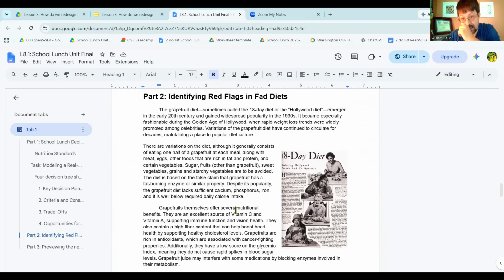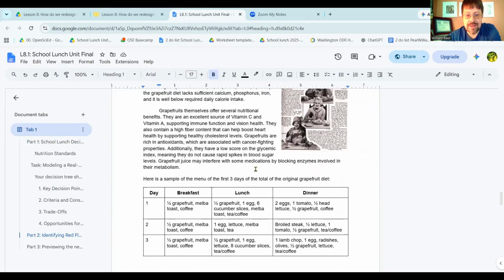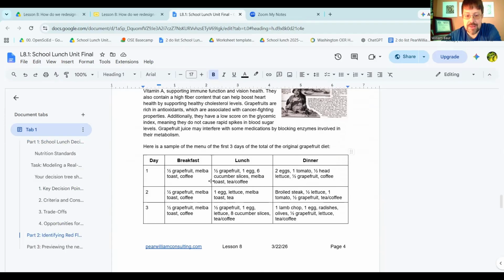And this is one that has persisted for nearly 100 years. In my research, I was still seeing people recommending this diet. Now they're recommending it on TikTok. But the main idea here is that you eat grapefruit with every meal, and it's described here.